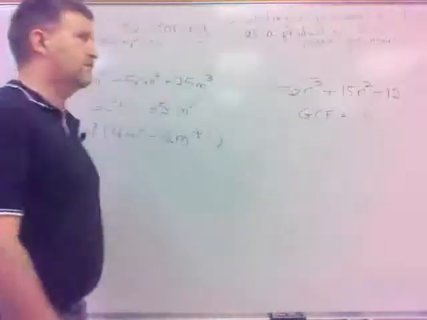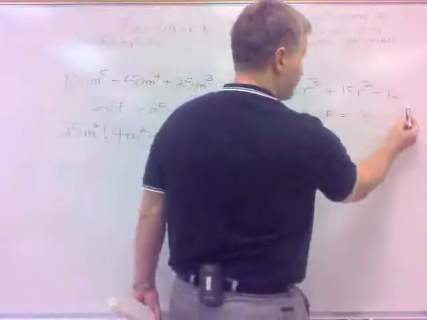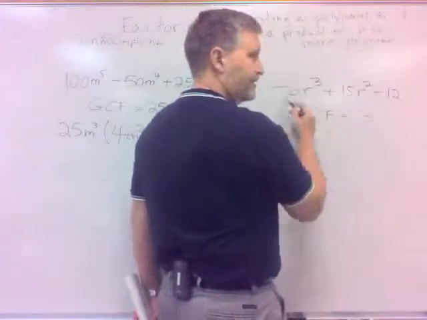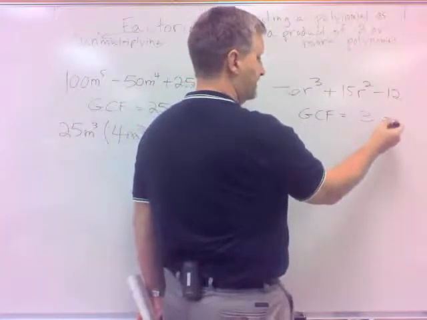There is a 3 in common. What about the r's? Can I take out any r? Why not? I don't have an r here, so I can't very well take out an r.